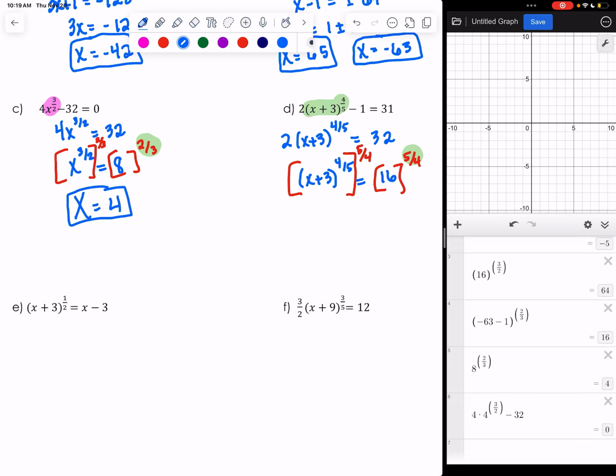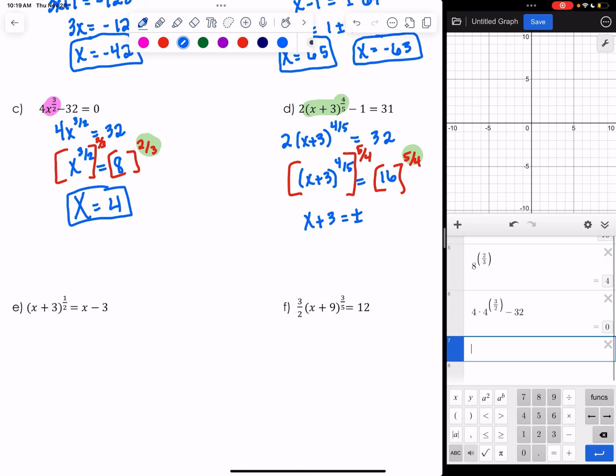So that means we will need the plus or minus here. So x plus 3 is equal to plus or minus 16 raised to the 5/4 power, so plus or minus 32.